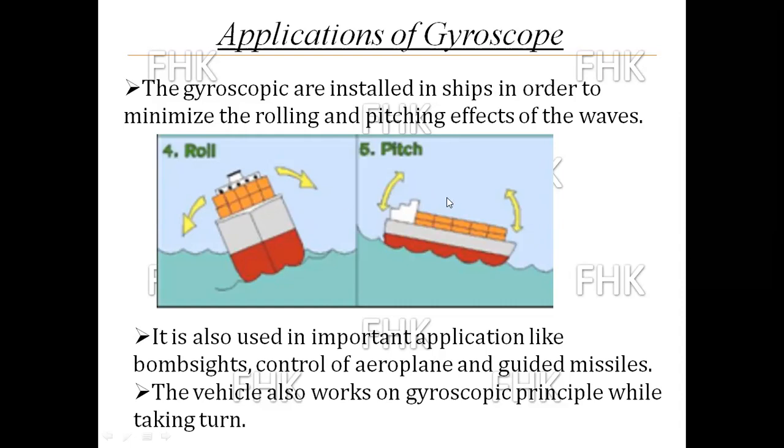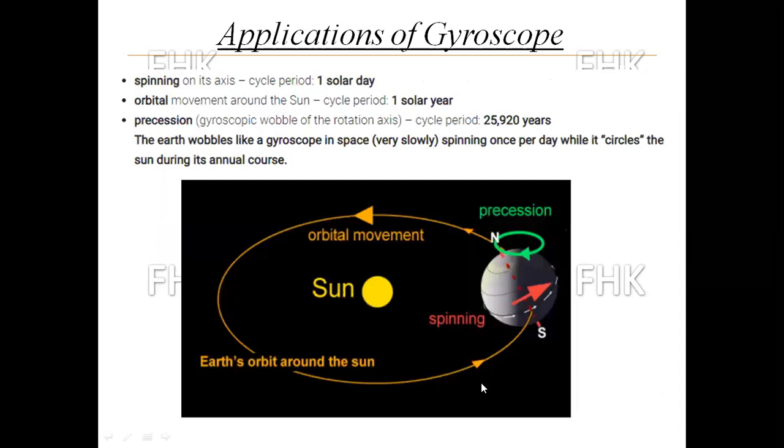To overcome this rolling and pitching effect, the gyroscope is installed in the ship. It is also used in important applications like bomb sights, control of aeroplane and guided missiles. Vehicles also work on gyroscopic principle while taking a turn.